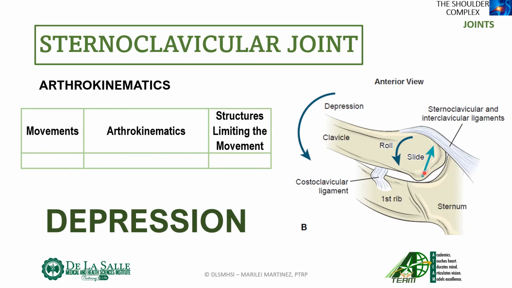Therefore, it will prevent excessive superior translation or gliding of the clavicle in the sternoclavicular joint. And of course, the superior capsule will prevent the excessive sliding of the clavicle superiorly during depression of the clavicle.